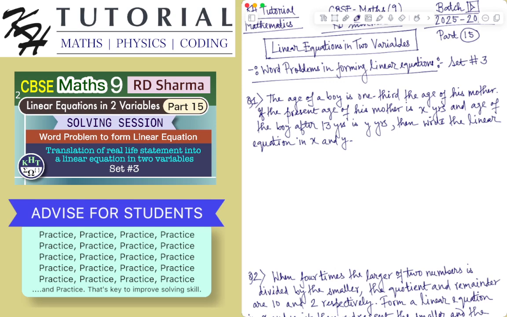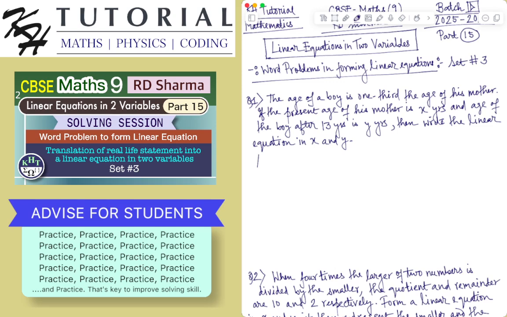Okay, and what is given? The fact that is given is the age of a boy is 1/3 the age of his mother. So we know y years is the age of the boy after 13 years. So what will be the age of his mother after 13 years? We know that the present age of mother is x years.